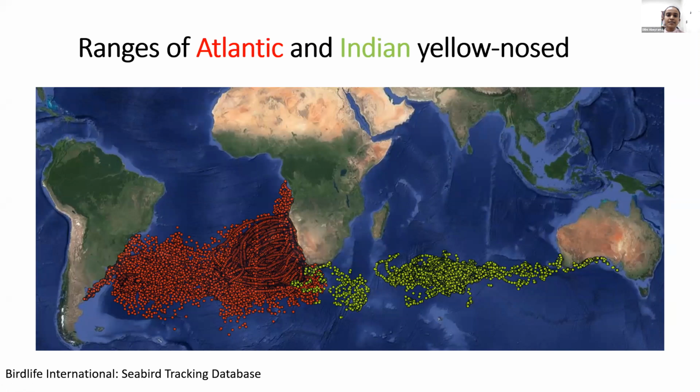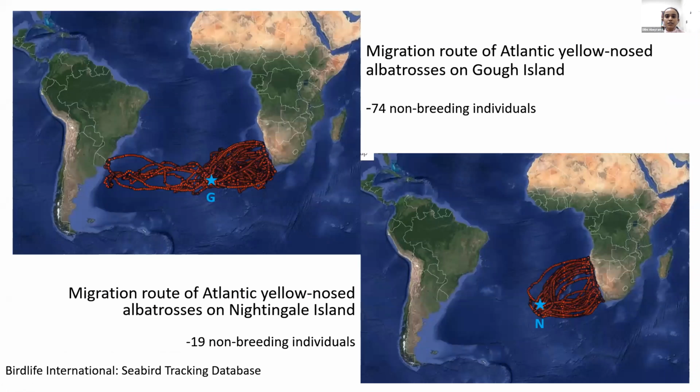Interestingly, not only do the two species show differences in their migration, but some populations of the same species also show differences in their migration. As an example, the Atlantic yellow-nosed albatrosses breeding on Nightingale Island fly mainly east, and those breeding on Gough Island migrate either east or west. These are the two islands that we have data for in the BirdLife International tracking database.